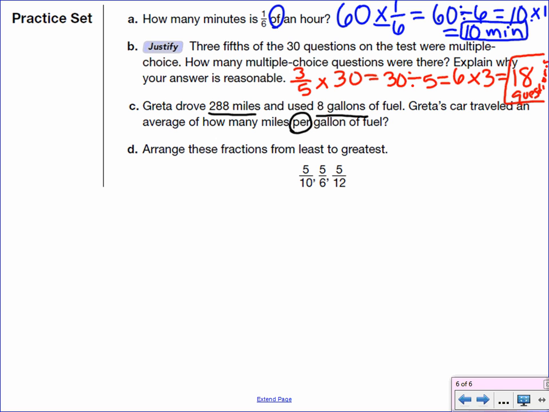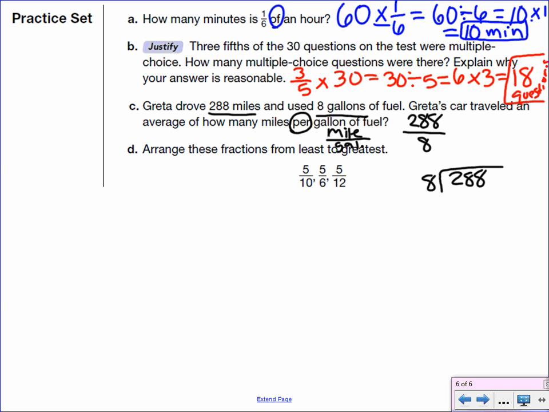So if I say miles per gallon, that means miles on top, gallons on the bottom. So miles is 288 and 8 gallons on the bottom. So we can do some division here.